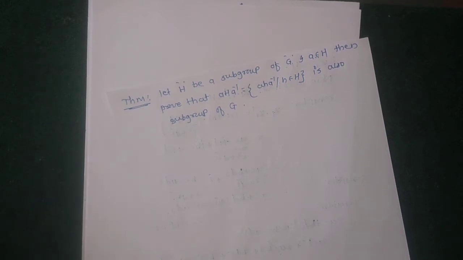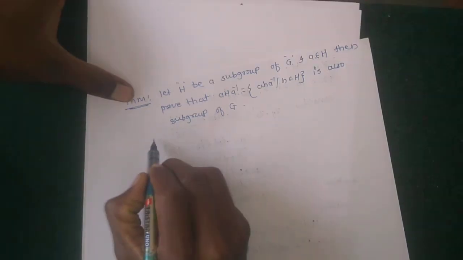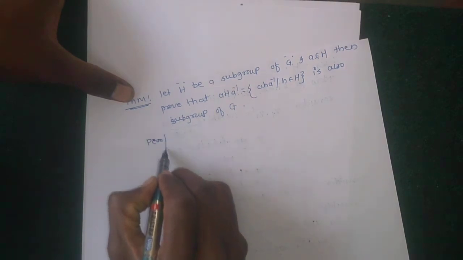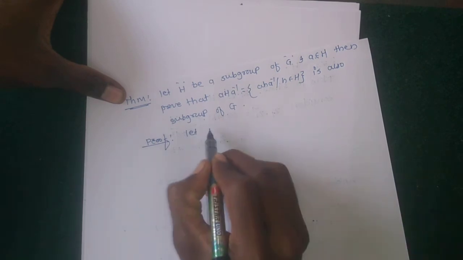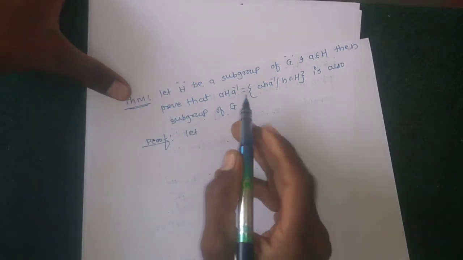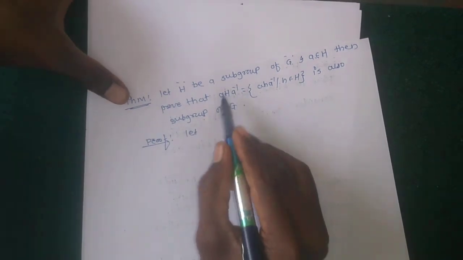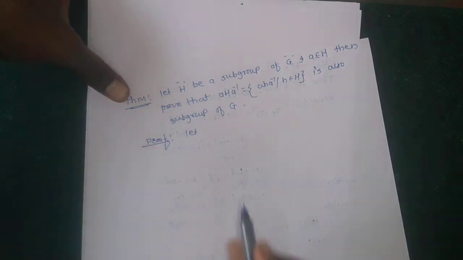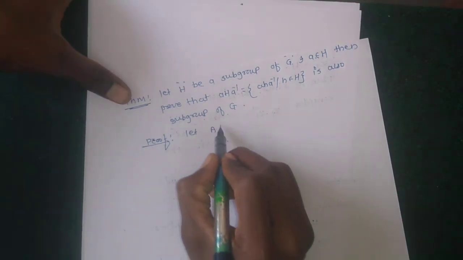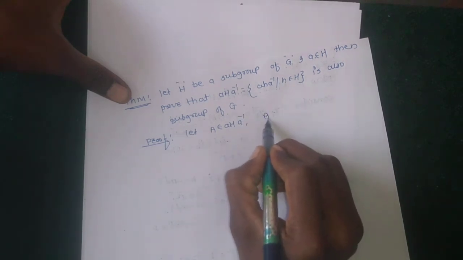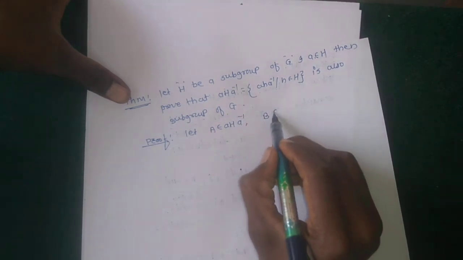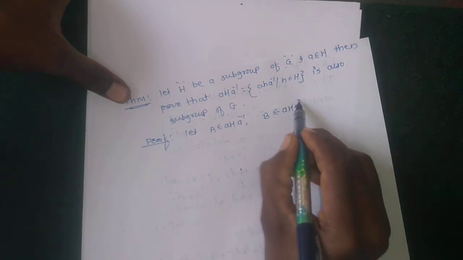Let us choose any two elements of the set. Suppose that a belongs to aHa⁻¹ and another element b also belongs to aHa⁻¹.